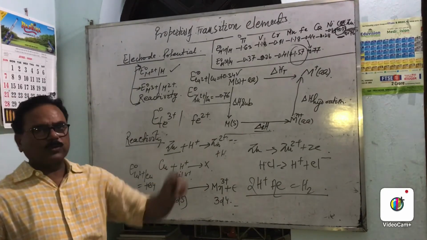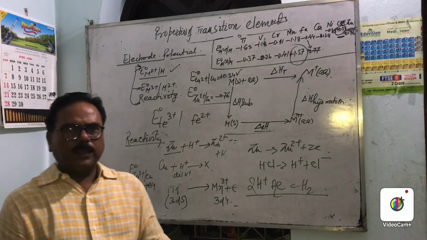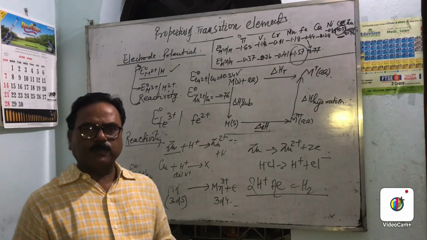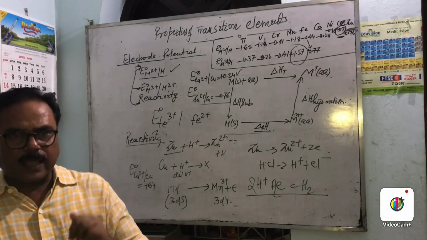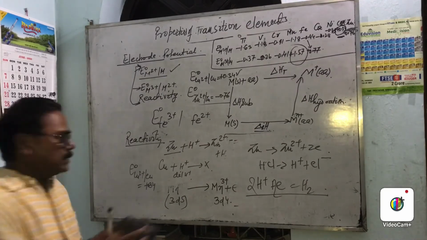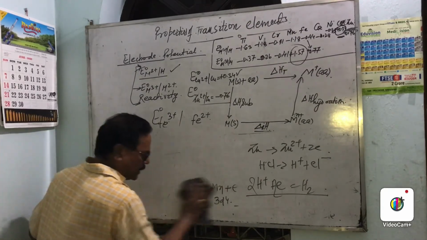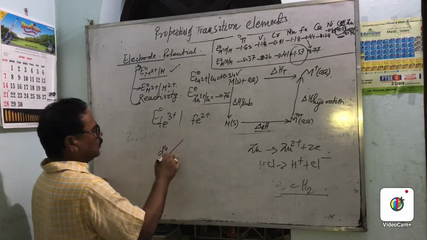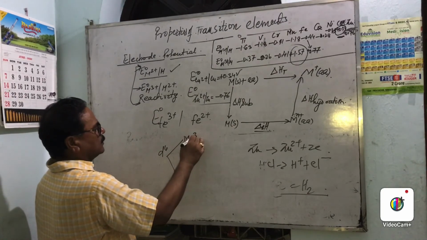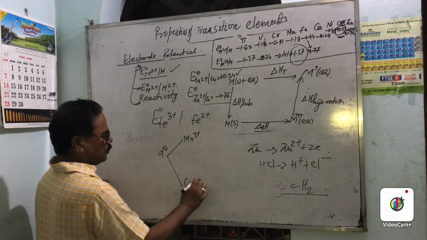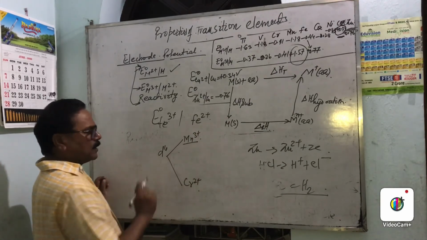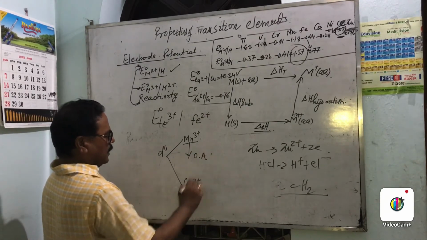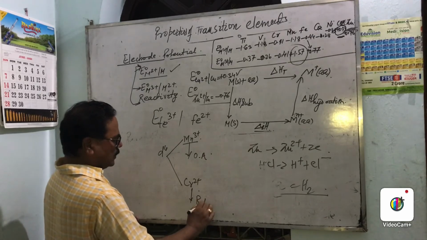So this is all about the electrode potential and how it varies. The question is why its variation is irregular, why it is positive for copper, and why Mn3 plus will act as an oxidizing agent. Now one thing is left. Suppose we take d4, and this d4 is Mn3 plus, and this is chromium 2 plus. Now this d4 configuration, it is said that this will act as an oxidizing agent, and this will act as a reducing agent.